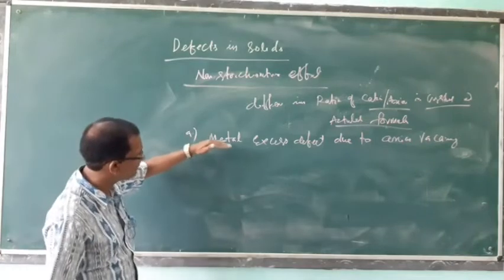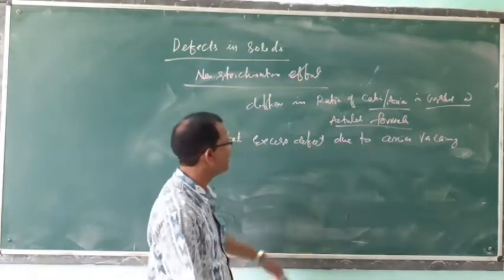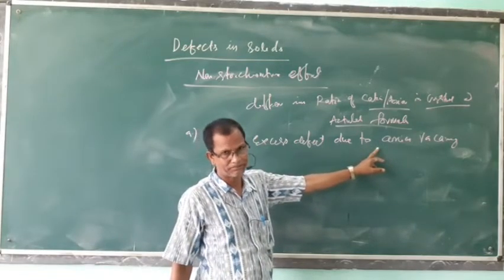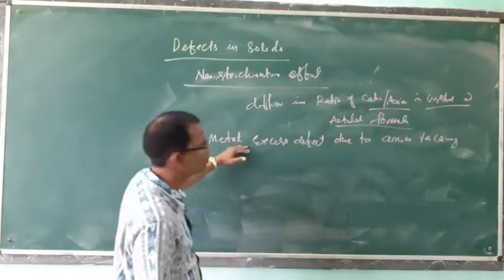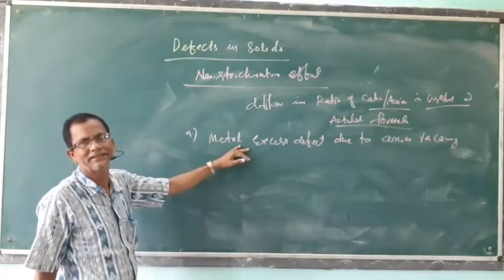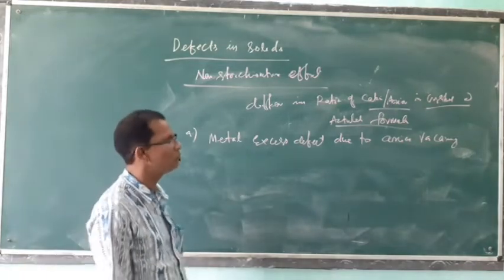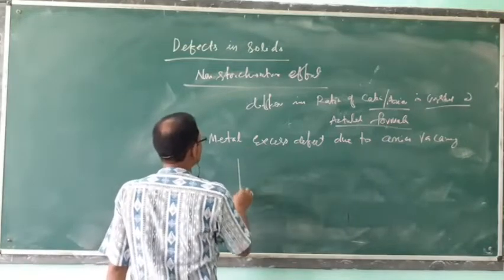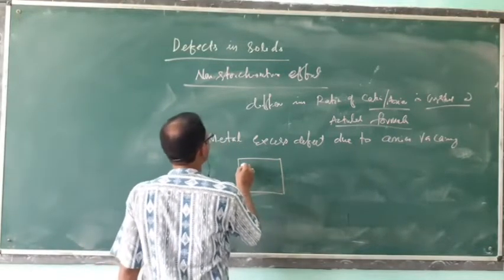But particularly, metal excess defect due to anion vacancy means your anion is missing. When an anion is missing, a cation will be in excess. That's why it is called metal excess defect due to anion vacancy. Example, you take a sodium chloride crystal.